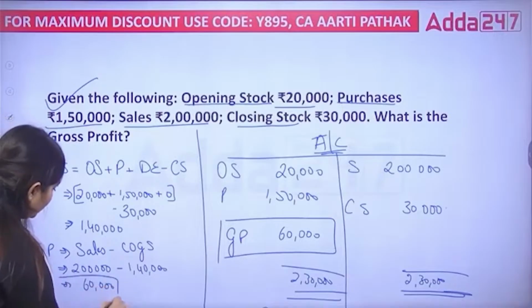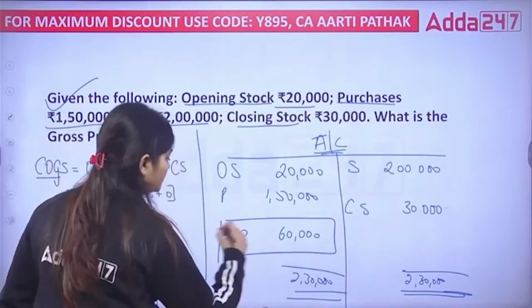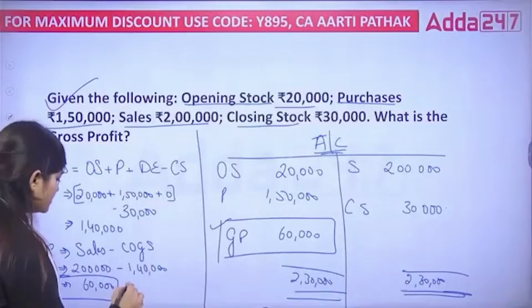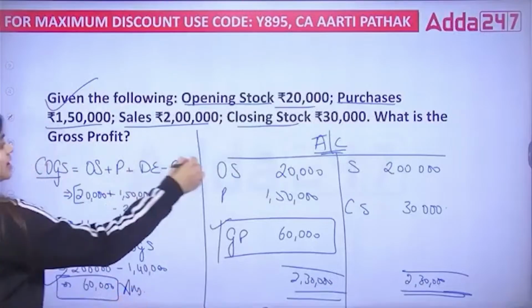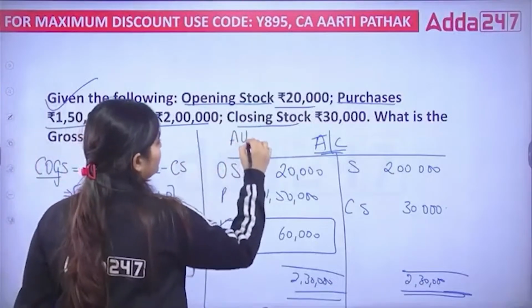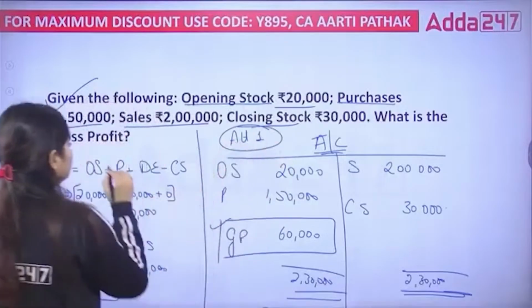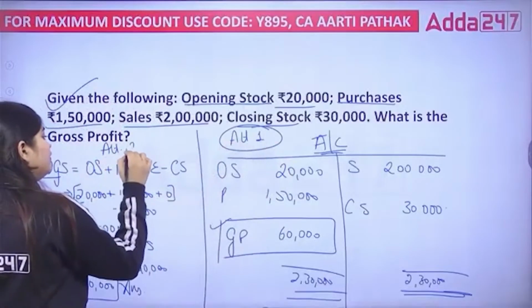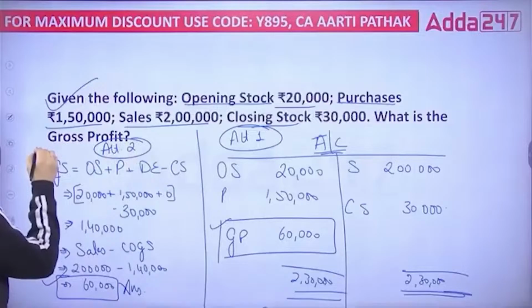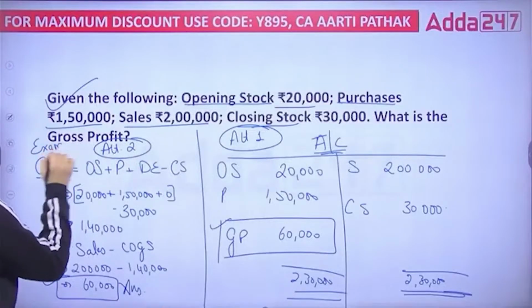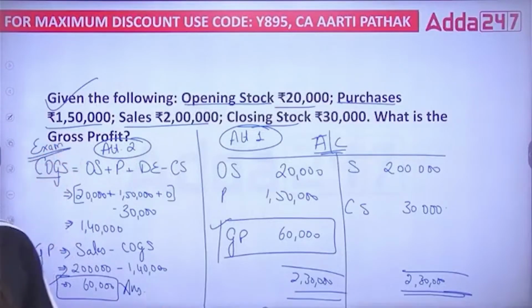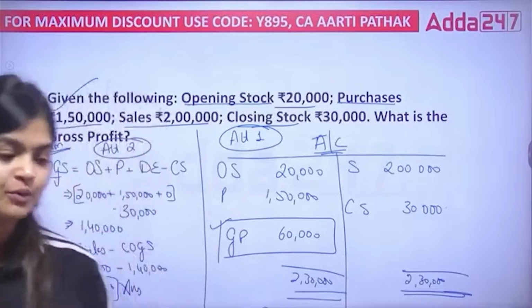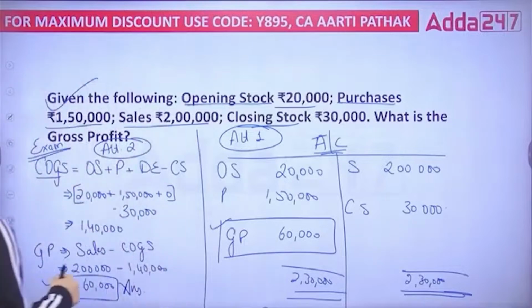See, both the ways are giving you the same answer. Correct? So your answer is 60,000. This is the one way, this is the alternative one, and this is the alternative two. And most of the time in exam, they are asking these formulas. So this right side is important for you. Correct? And this is how you can calculate gross profit.